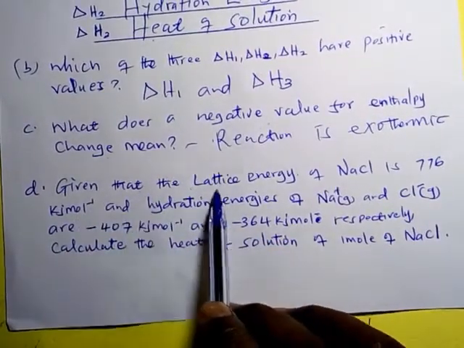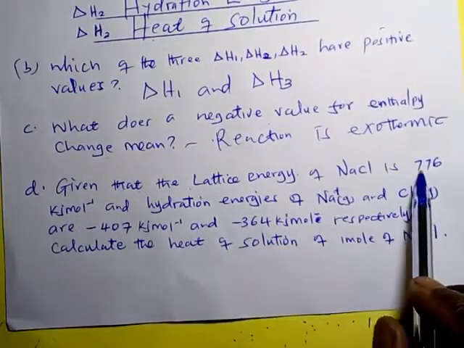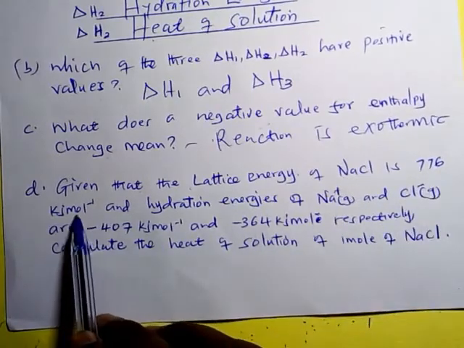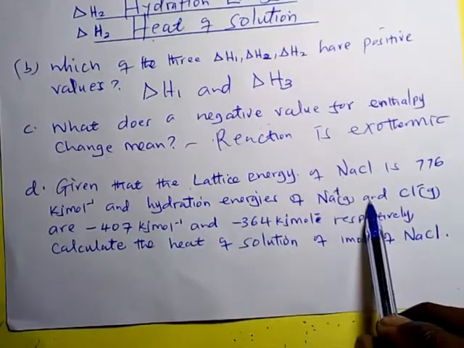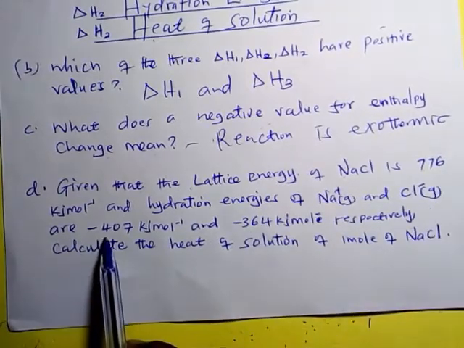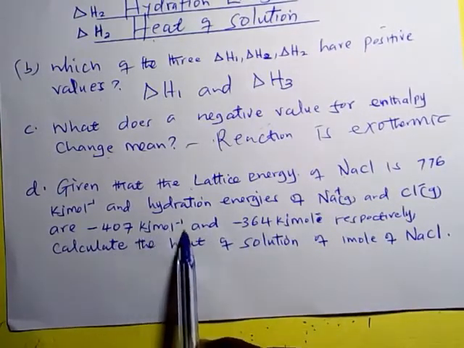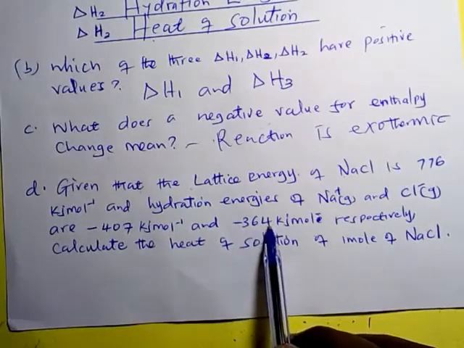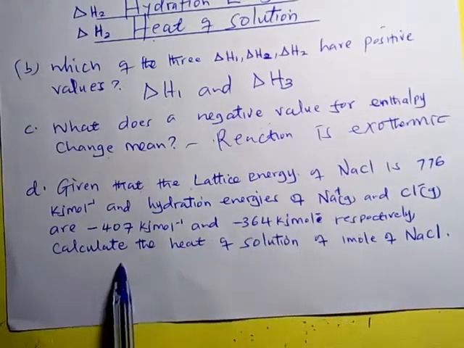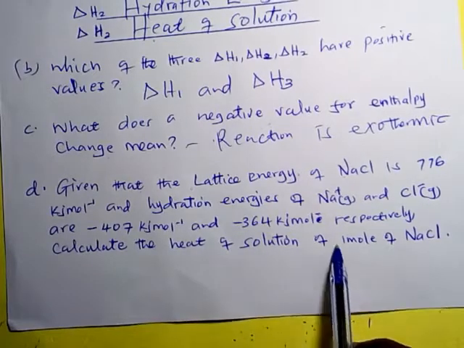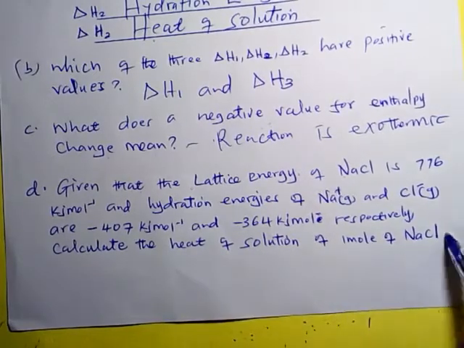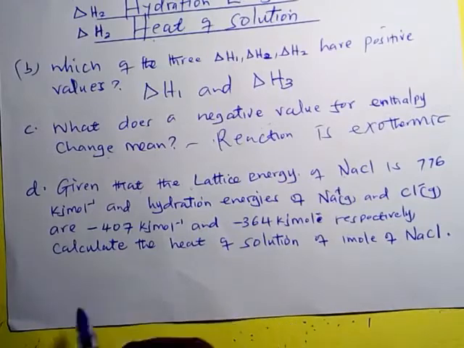Given that the lattice energy of sodium chloride is 776 kilojoules per mole, and the hydration energies of sodium ion and chloride ion are -407 and -364 kilojoules respectively, calculate the heat of solution of 1 mole of sodium chloride.